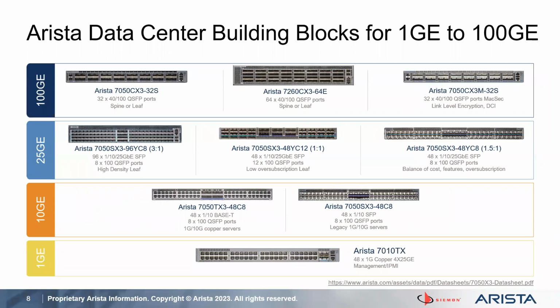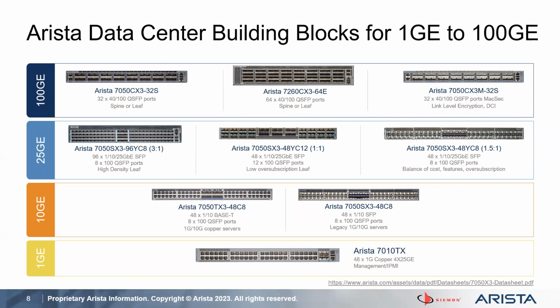We like to give you a little bit of a blueprint of what systems to consider when you are thinking about different building blocks. So if I go from top to bottom, naturally, a lot of the customers today are thinking about building their spine networks or spine building block with 100 gig switches.